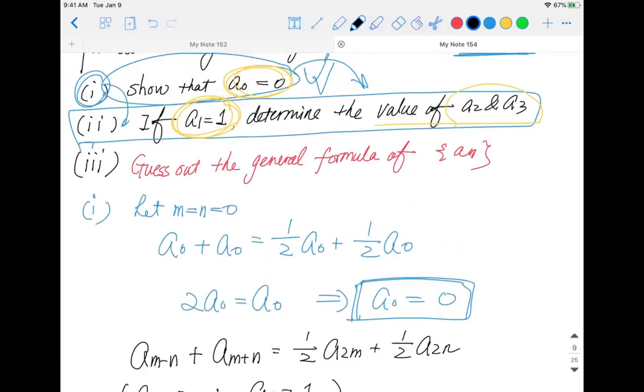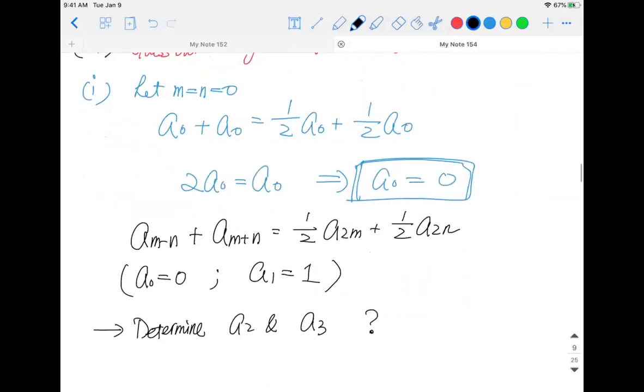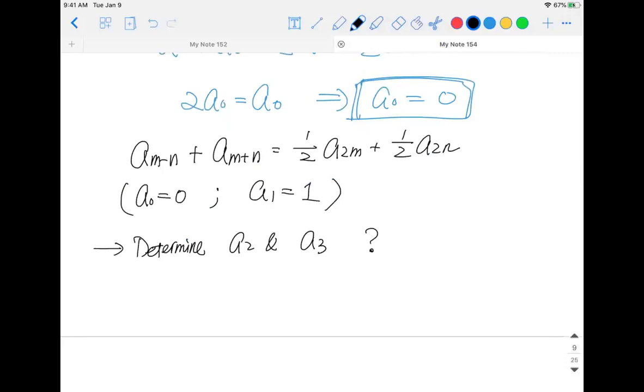We need to create A2 and A3. If there's no A2, A3 in the equation, how can I do my magic and figure out their values? The only thing I can do is construct A2 and A3. That's the big direction. So how can I construct A2 and A3?